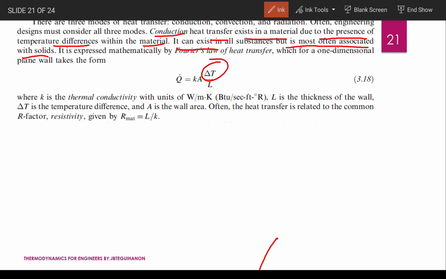It is expressed mathematically by the Fourier law of heat transfer, which for a one-dimensional plane will take the form Q is equal to the constant K, that is the thermal conductivity, times area A, times the driving force, which is the temperature difference.